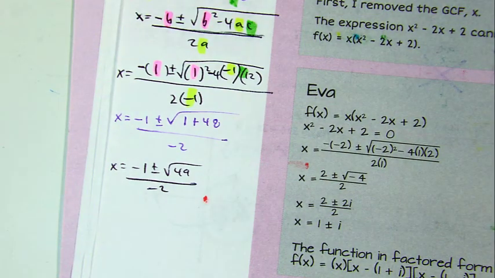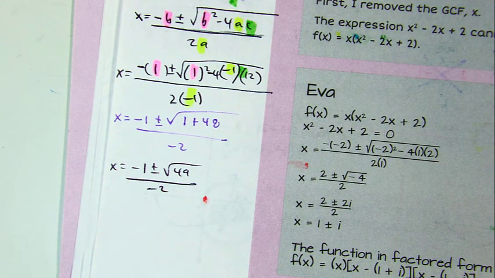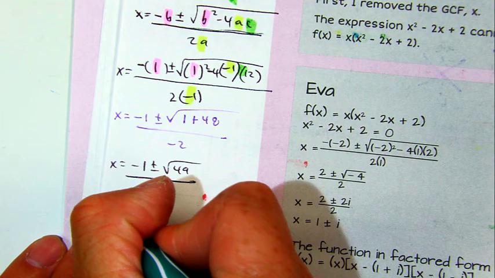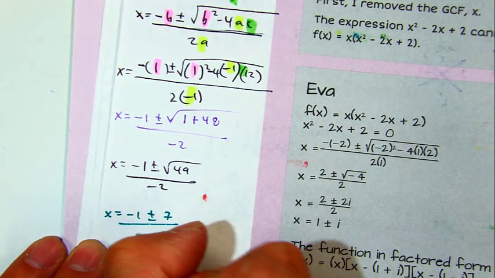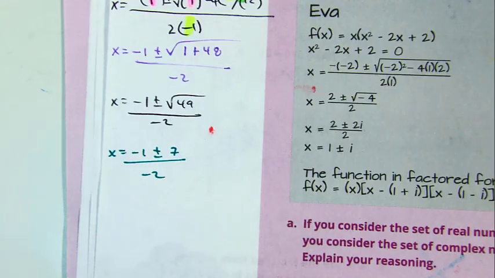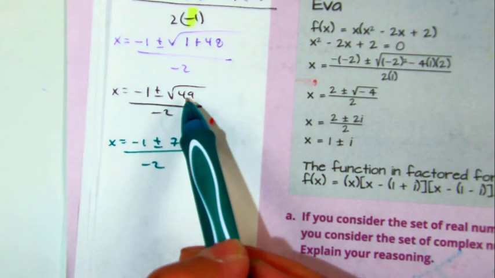Partner A, tell partner B 2 identical numbers that multiply to be 49. Ashley, those 2 numbers? Yep. This was a common mistake, so I want to point out. Yesterday, I saw a lot of students say square root of 49 equals the square root of 7.